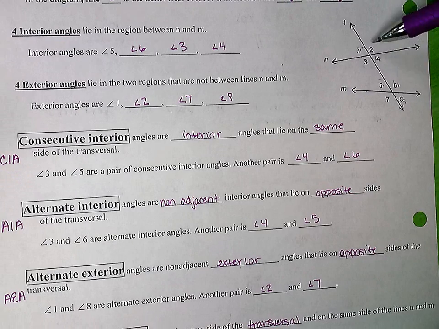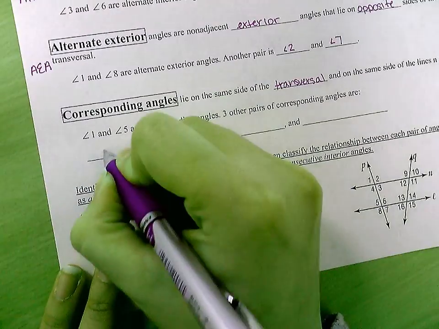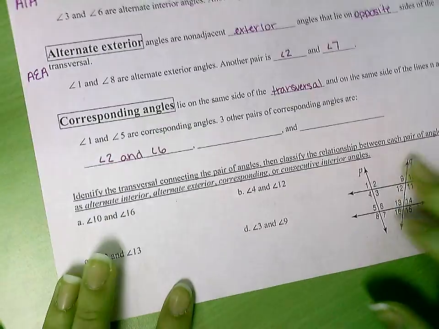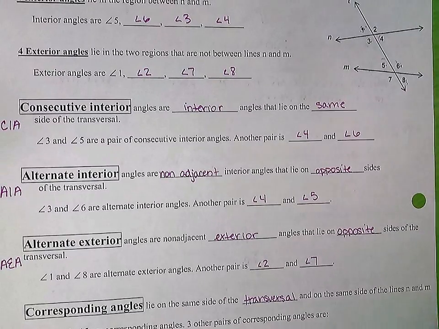They lie on the same side of the transversal. Both are on top of the lines there. Another pair at the bottom here would be angle 3 and angle 7. We need 2 more pairs from our picture.